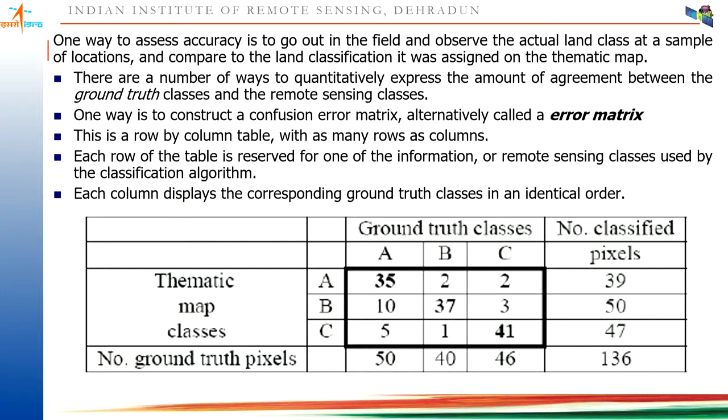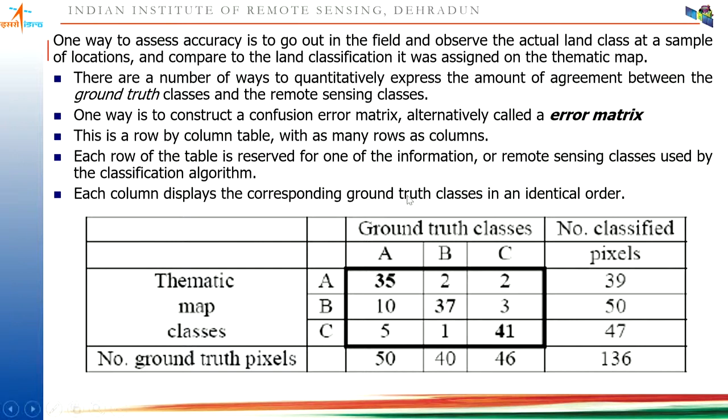Okay. Now suppose 50 sample points, out of the 136 total number of sample points, are there in category A that I have collected from the ground. Now out of these 50 points, 35 are also correctly classified as category A in my classified output.